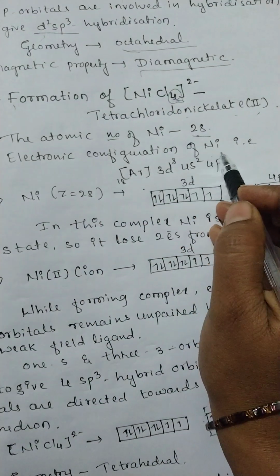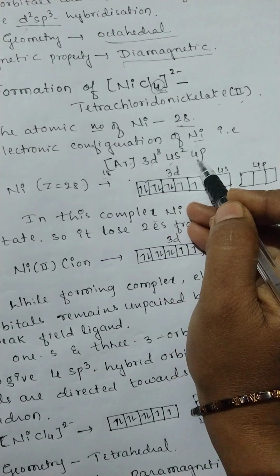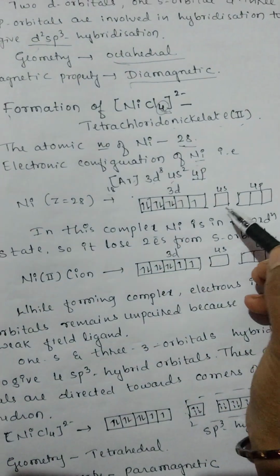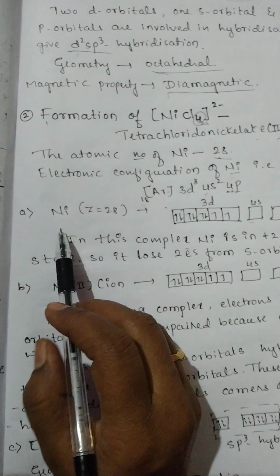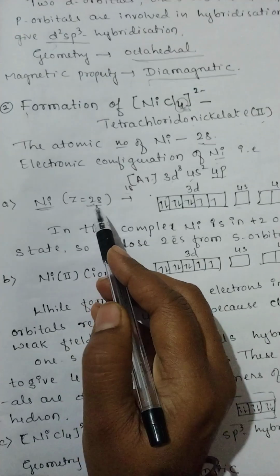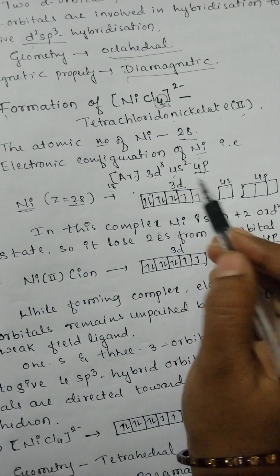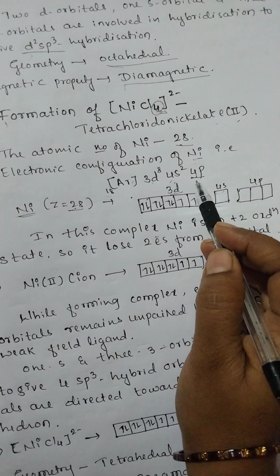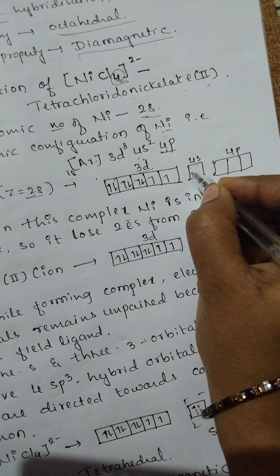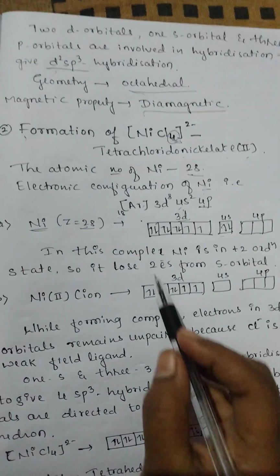The electronic configuration of nickel becomes argon 3d8, 4s2 and 4p. Here we know that 4p is the outer orbital. Now the central metal nickel has 28 electrons, that is 8 electrons in the 3d orbital, 2 electrons in the 4s orbital, and 4p is an outer orbital.